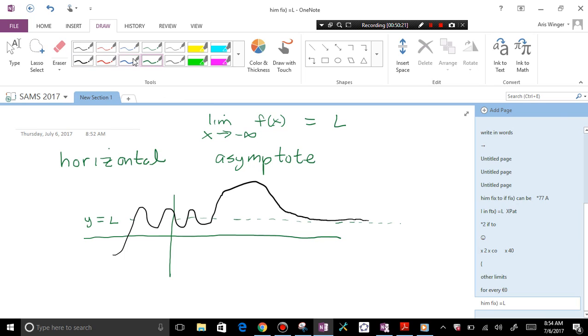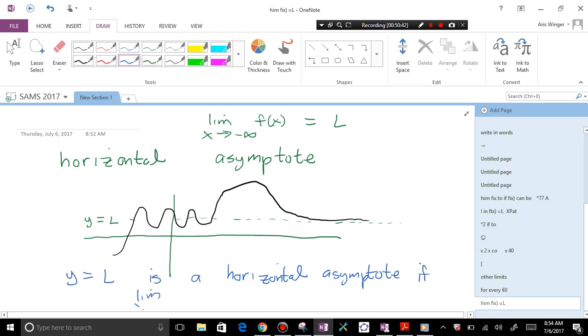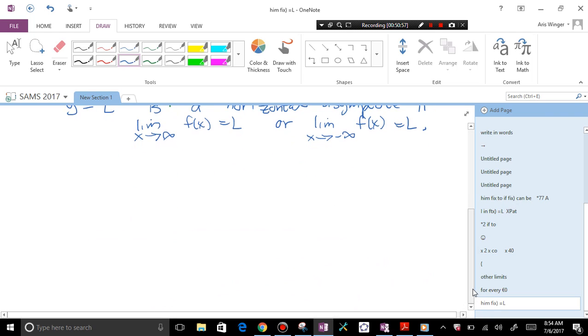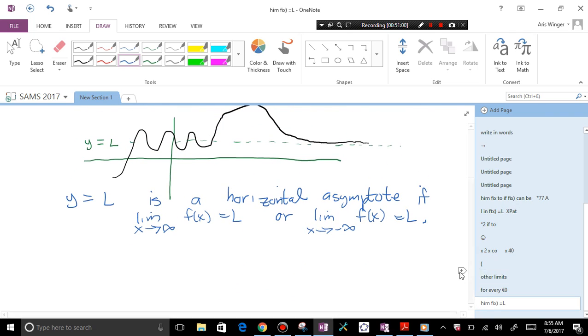y equals L is a horizontal asymptote if the limit as x tends to infinity of f of x is equal to L, or the limit as x tends to minus infinity of f of x is equal to L. In words, what does that mean?